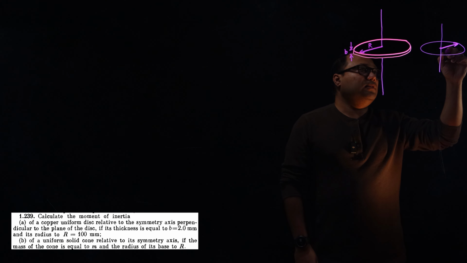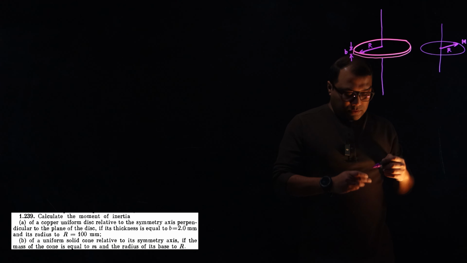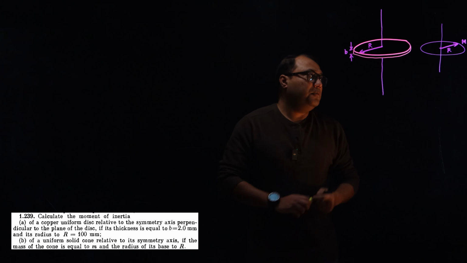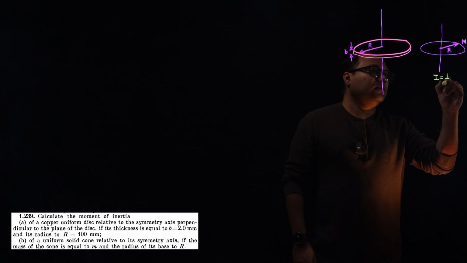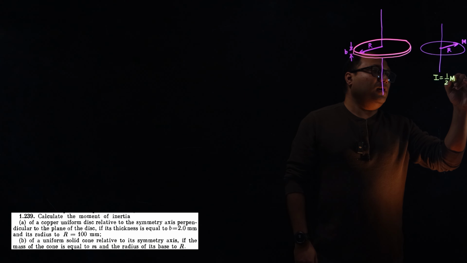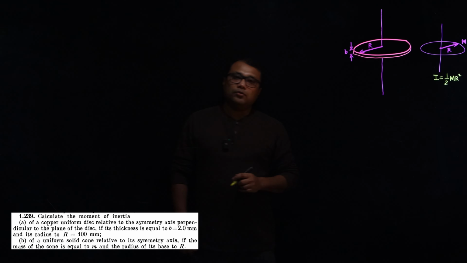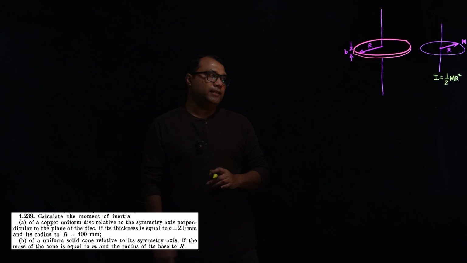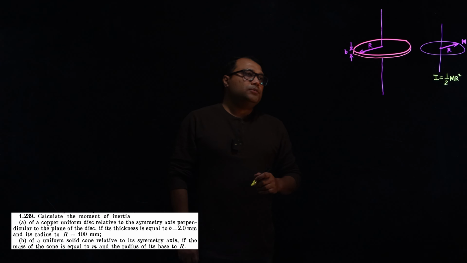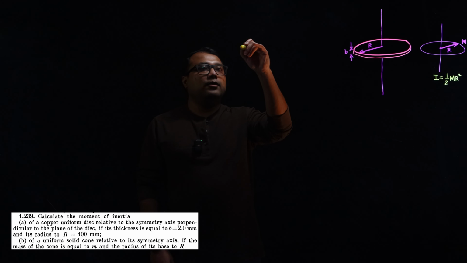If the radius is r and the mass of this disk is m, the moment of inertia is half m r square. So we will use this result to find the moment of inertia of this disk which has a certain thickness.